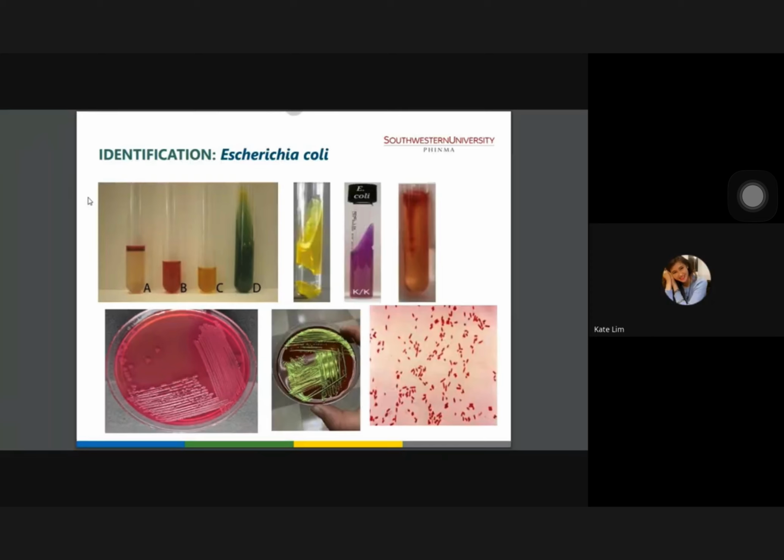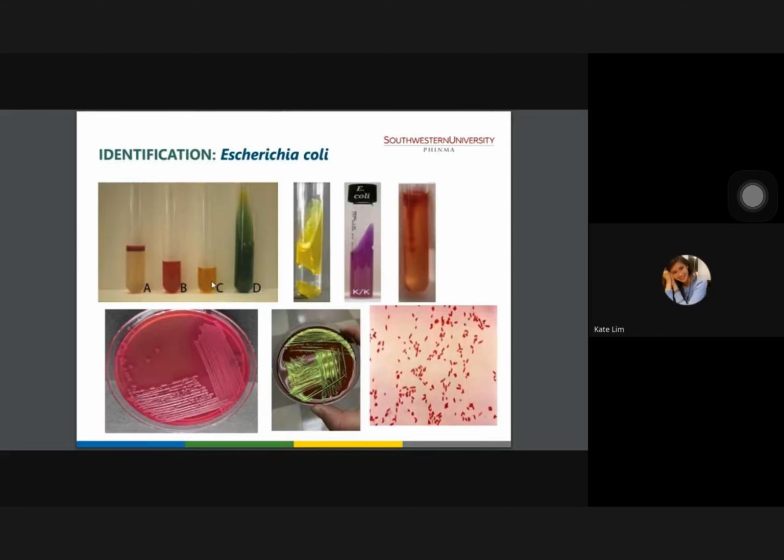So this is your IMViC. So we have here positive, positive. So we have this indole, methyl red, Voges-Proskauer and citrate. For Escherichia coli, remember your IMViC, that would be positive, positive, negative, negative. So for indole, you can see reddish ring on the reagent layer. For methyl red, red discoloration. So this is positive, positive.